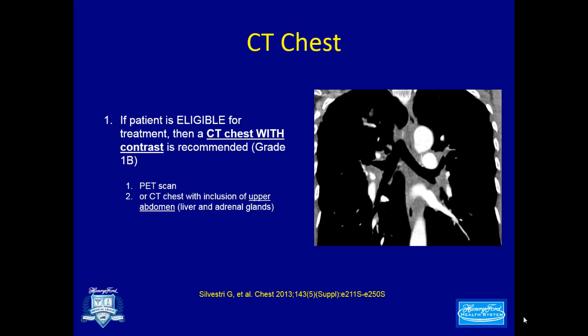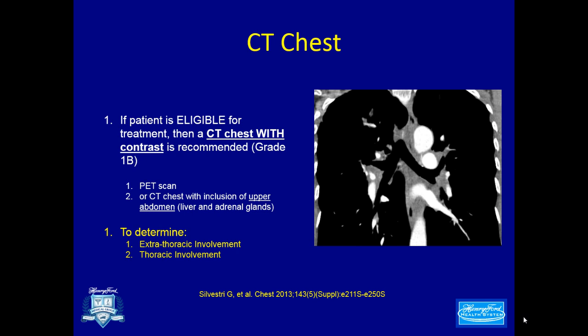So what will these images provide us? They will help determine, number one, the extension of an extrathoracic involvement. Let's see if there is a possible adrenal metastasis, or a liver metastasis.